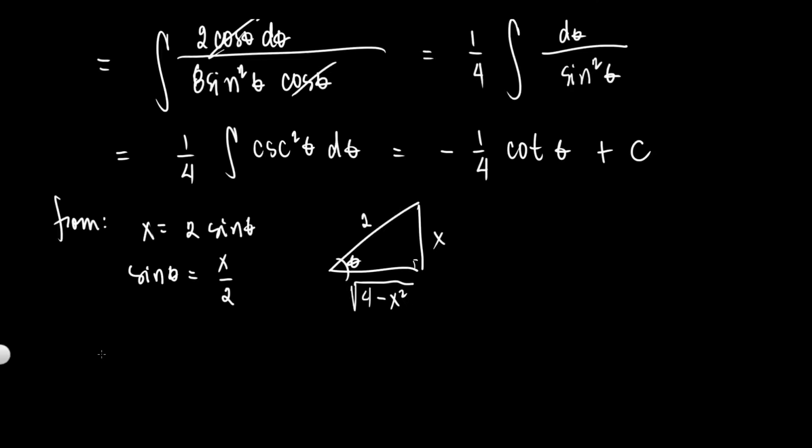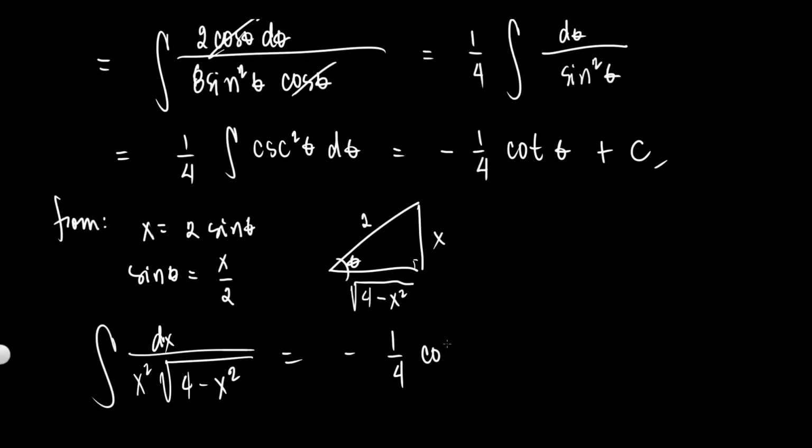Okay? So, the integral of dx over x squared times the square root of 4 minus x squared is equal to minus 1 over 4 cotangent theta plus c. And this is equal to, from this triangle, minus 1 over 4, and cotangent is adjacent, square root of 4 minus x squared over opposite, x, plus c.